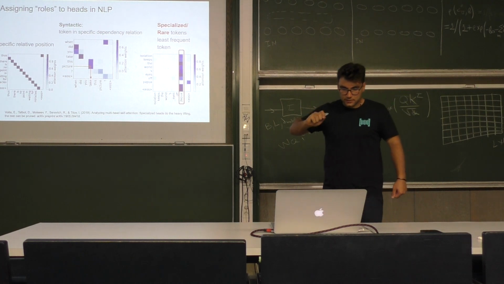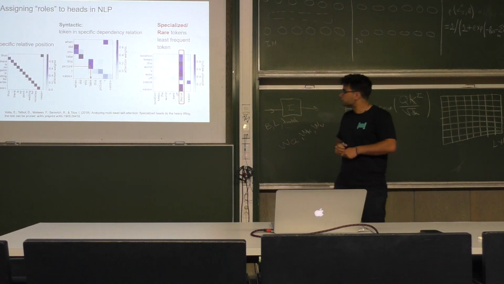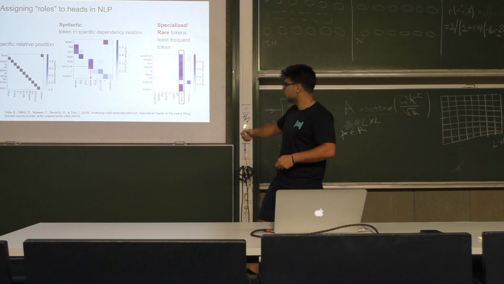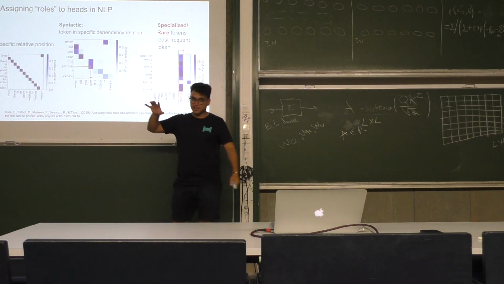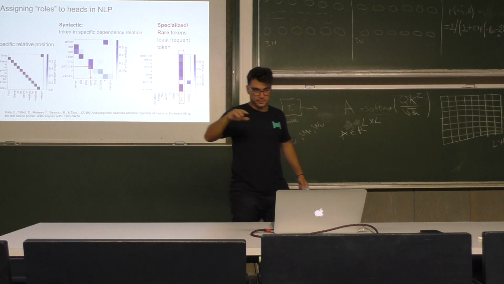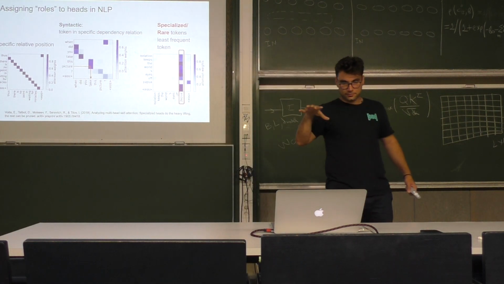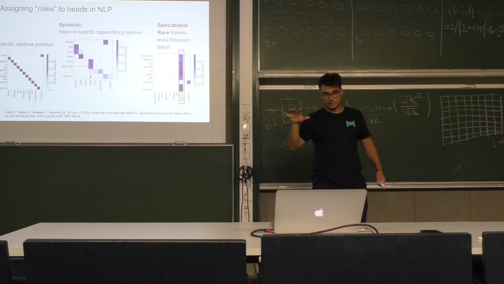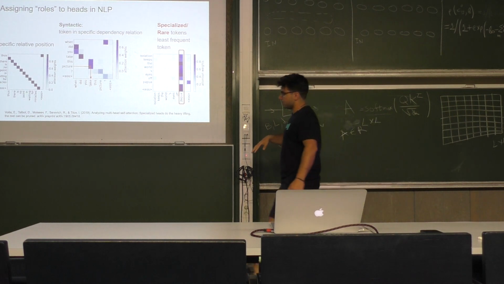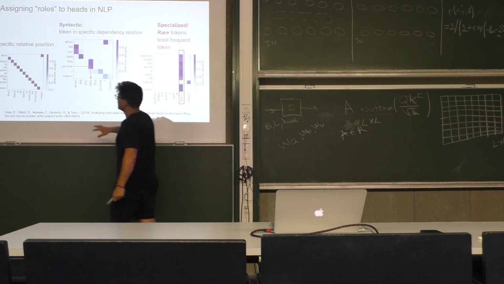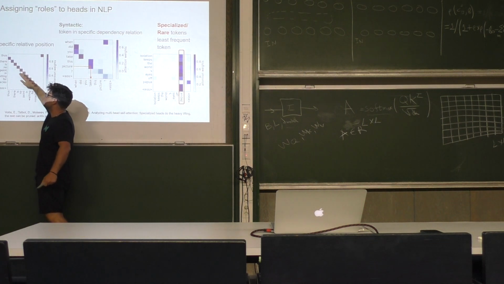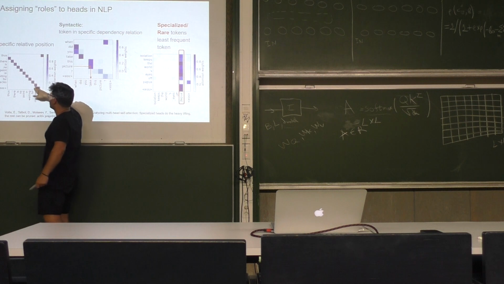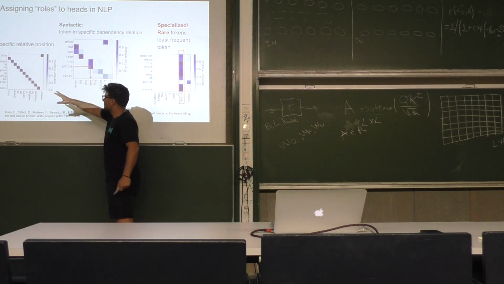There is this work from some group in 2019 where they tried to assign different roles to different heads learned for neural machine translation. They identified some heads that just attend to their neighbor, just one shifted value from the main diagonal, which are not really important.